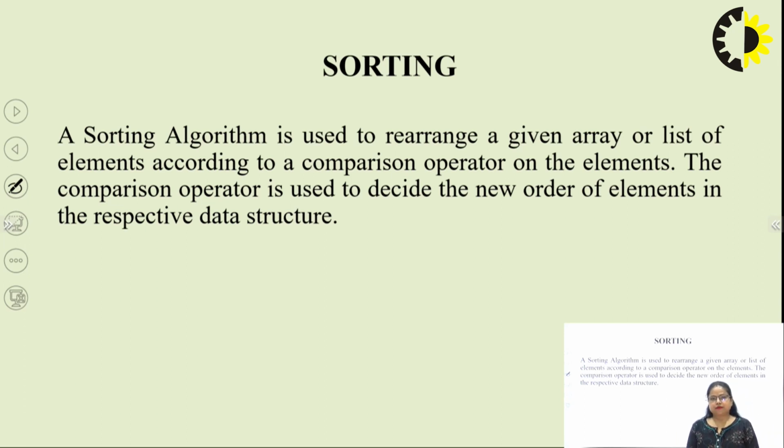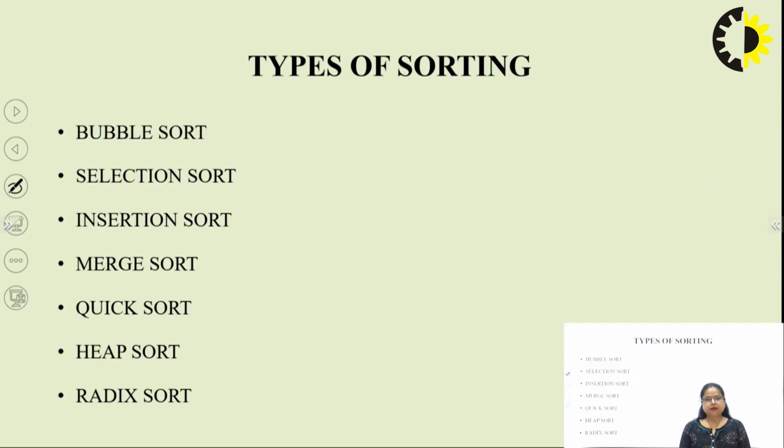So in this case, what do we mean by the term comparison operator? Basically, the comparison operator is used to decide the new order of the elements in the respective data structure, whether the data should be in ascending order or in descending order, but we have to rearrange it into sorted order, right? The different types of sorting are bubble sort, selection sort, insertion sort, merge sort, quick sort, heap sort, and radix sort.